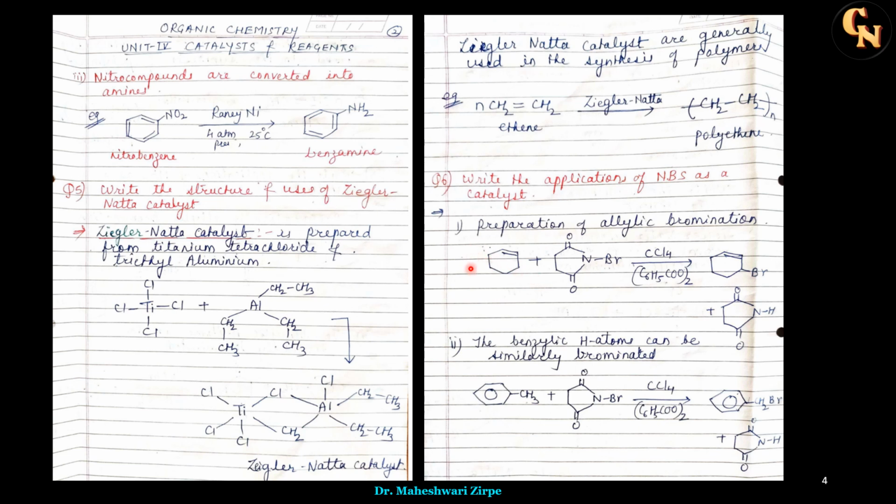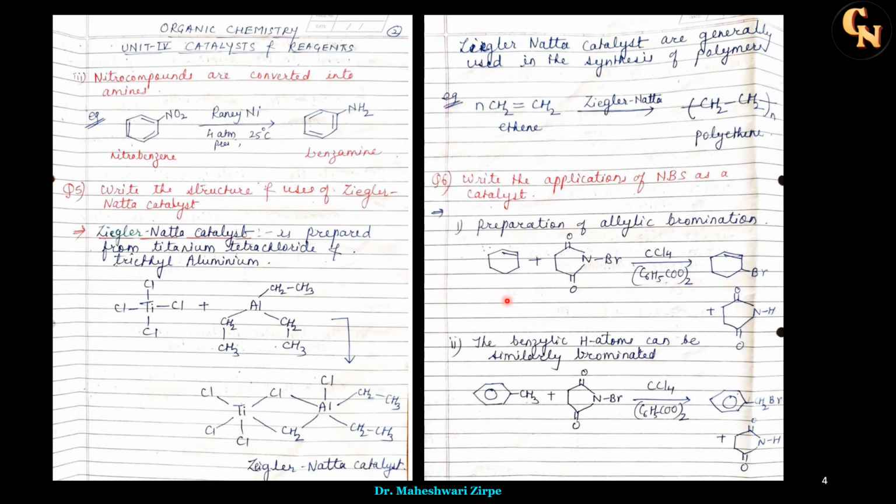Okay, either this allylic carbon or this carbon, the bromine can get attached. So the product we are getting is bromocyclohexene, and suppose we start counting from here, 1 2 3 4 5 6, so it is 3-bromocyclohexene. Okay, so this is the product we will be getting.